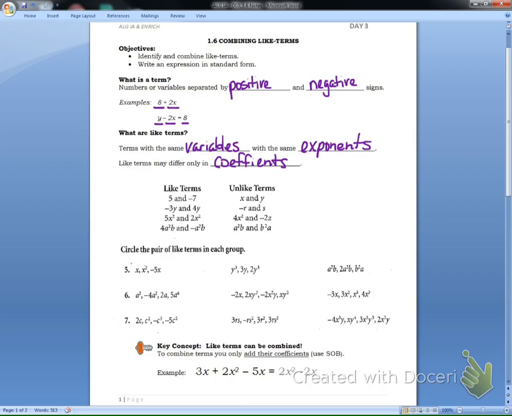In the first example, you see 5 and negative 7. 5 and negative 7 are like terms because constants are always like terms. You might want to write this down. But then you see the x and y. X and y are not like terms because those are two different variables.